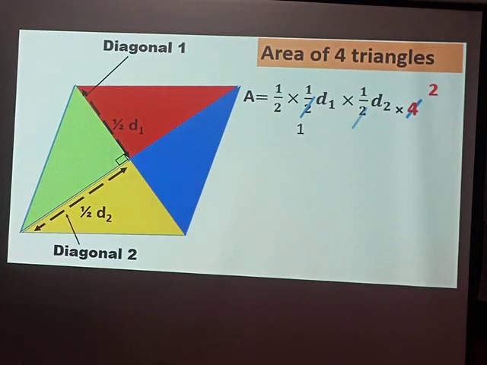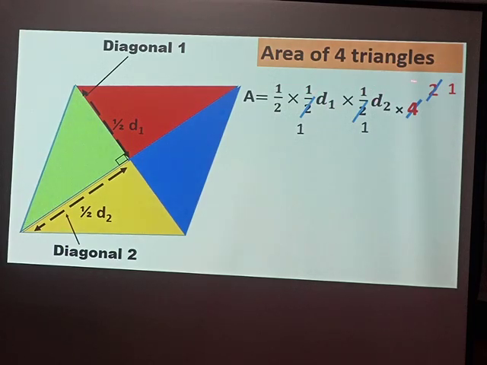I still have that 2, which should be divided by 2 to give me 1. Then 2 on the numerator divided by 2 is also giving me 1. What am I left with? If you look at my numerators very well, I have 1 times 1 diagonal 1 times 1 diagonal 2.